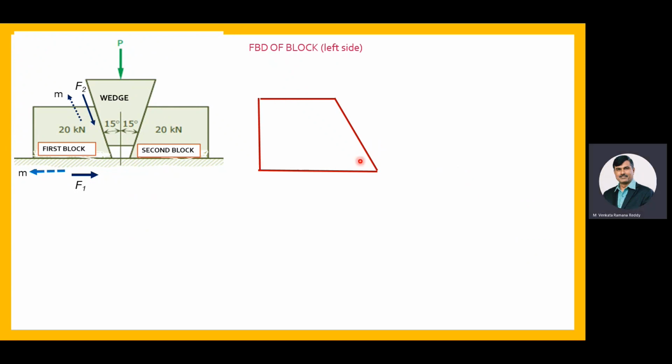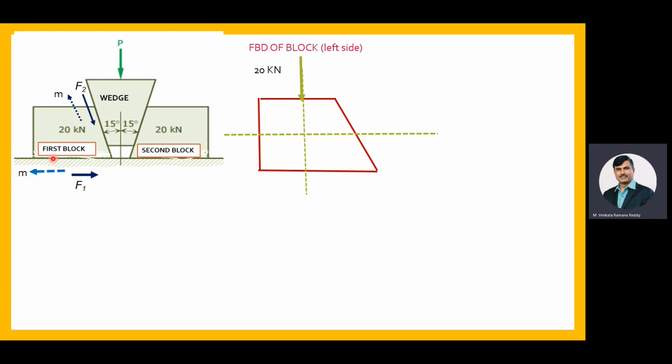This is the left side block. These two are the axis lines. 20 kilonewton is the weight of the block. We know that the weight of the block always acts vertically downward. Here, weight of the block is equal to 20 kilonewton.